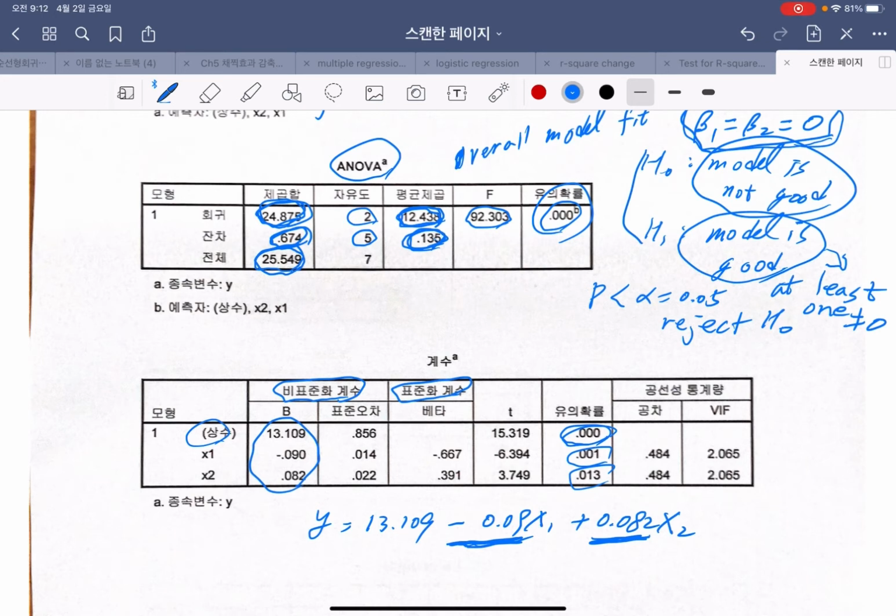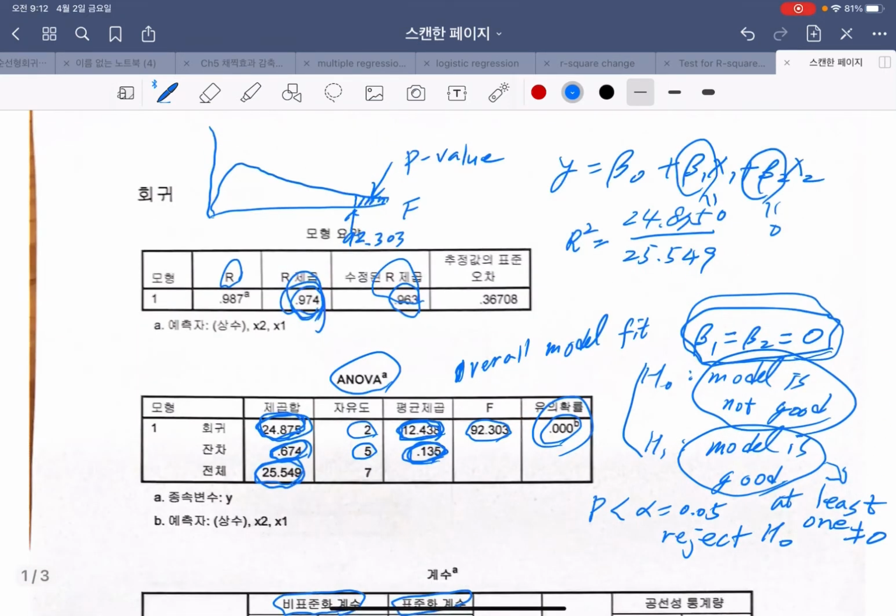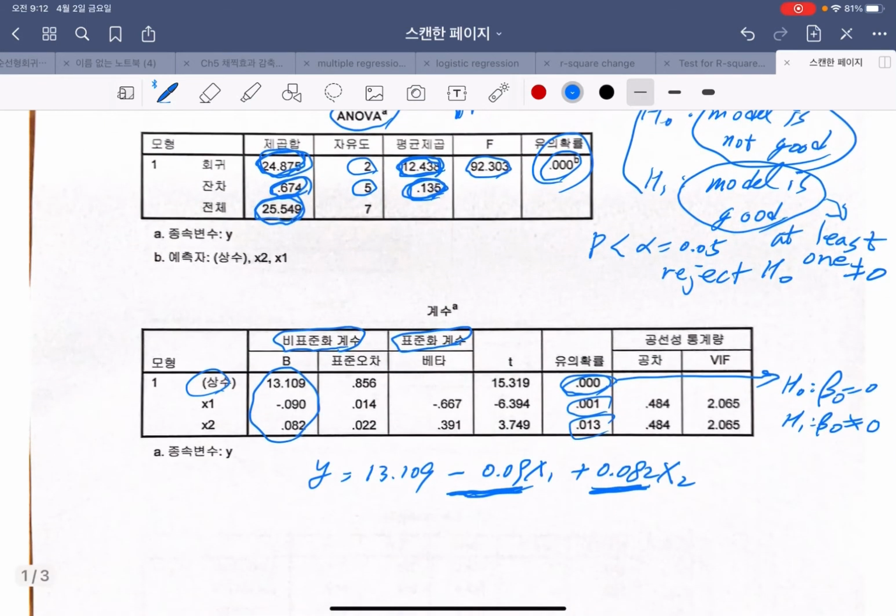The null hypothesis is beta 0 is equal to 0, and the alternative hypothesis is beta 0 is not equal to 0. Remember that beta 0 is the intercept here.